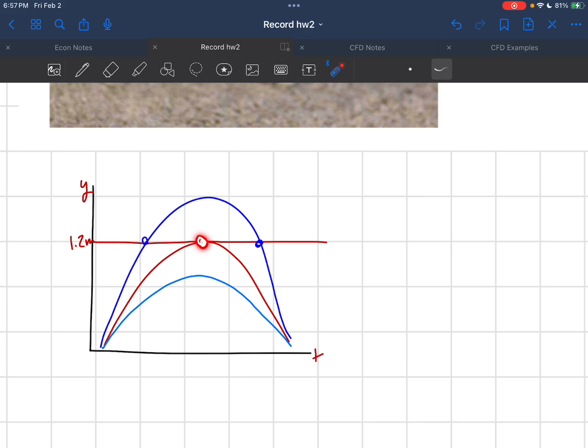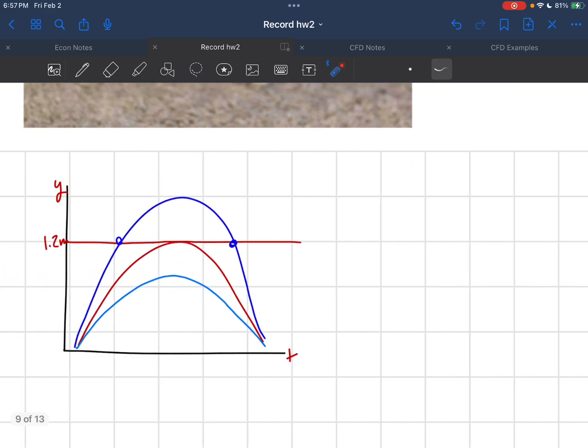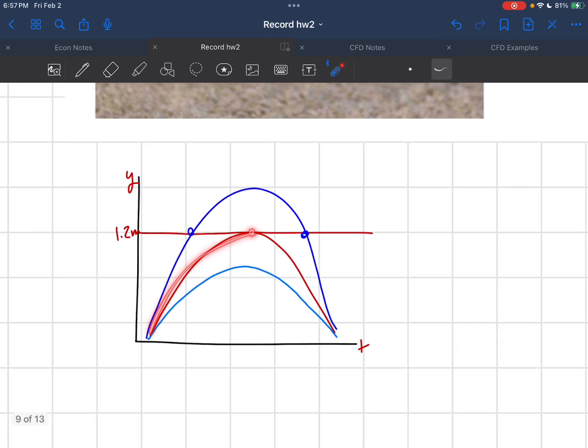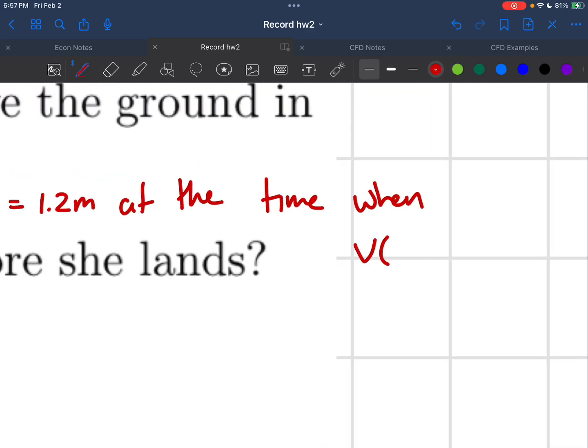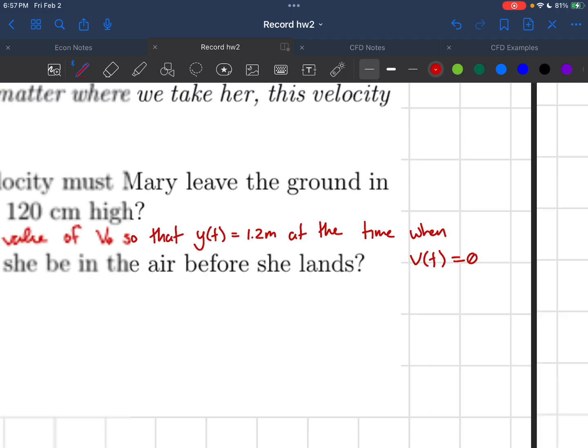So somewhere in between, I have to switch from a positive velocity to a negative velocity, so I have to cross 0. And that's going to be my apex, because that's the sign that I'm no longer going up, and I'm about to start going down. So at my apex, v of t equals 0.